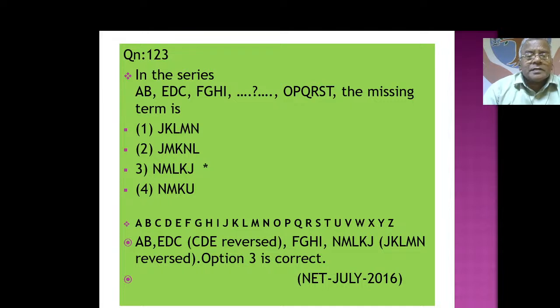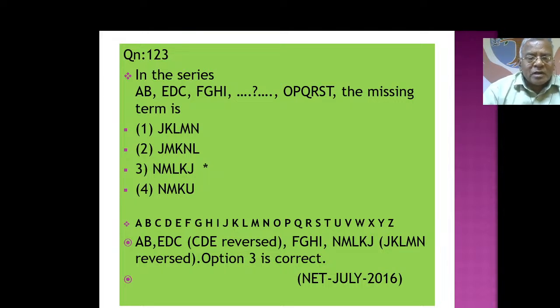In the series AB, EDC, FGHI, what is the next one? OPQRST. What is the missing term they are asking? Very interesting sum actually. For such sums, you always write down first the alphabet A, B, C, D, E, F, up to Z. Now AB, okay, no problem.